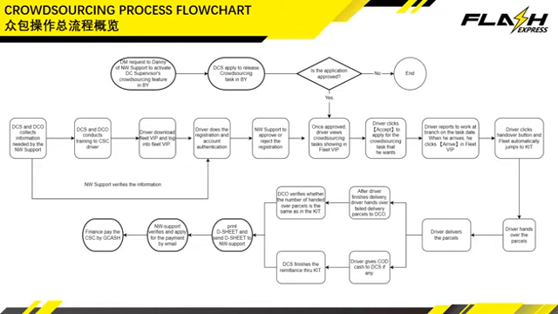While they are finishing these steps, at the same time, network support verifies the collected information from the CSC. They are also the ones to approve or reject the registration. If it is approved, the crowdsourcing courier can now view the crowdsourcing tasks in Fleet VIP.